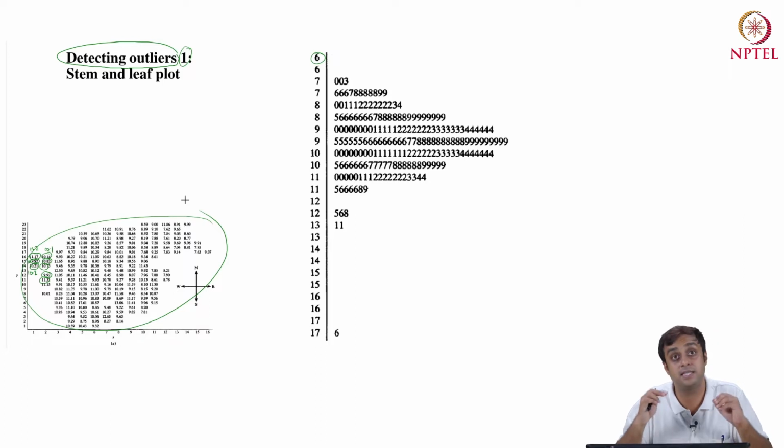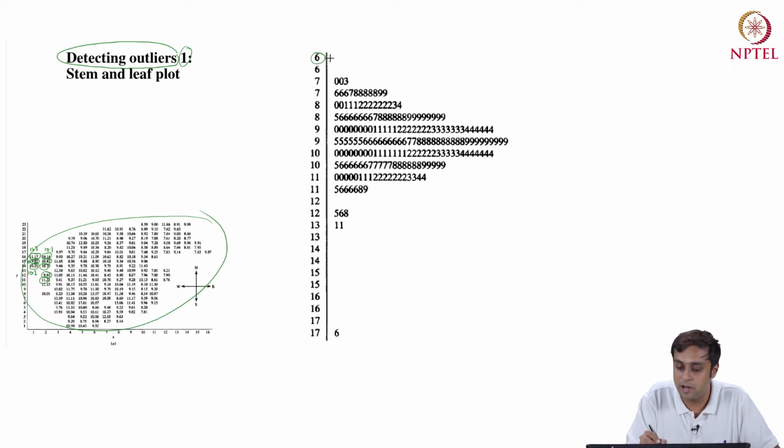So the minimum that we see is 7% in this data. So in front of 6, we have nothing, no entry. When we move on to 7, we see 7, 0, 0, 3. That means in my data set, I'm going to have an entry which is 7.0, another entry with 7.0, and then another entry with 7.3.